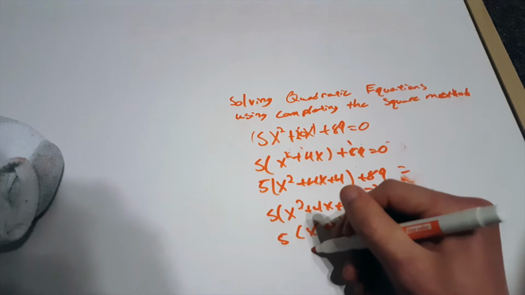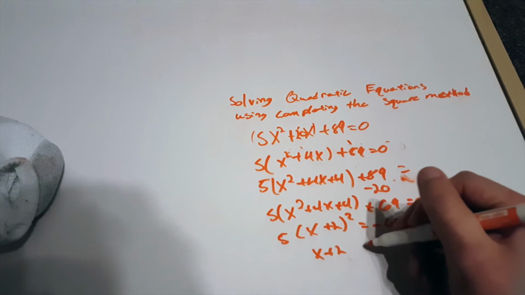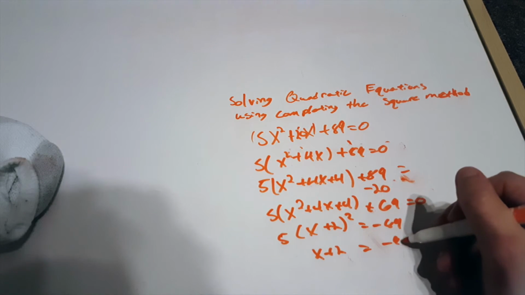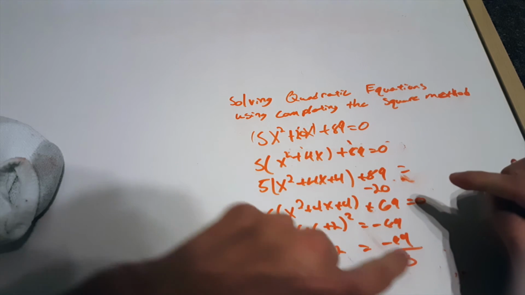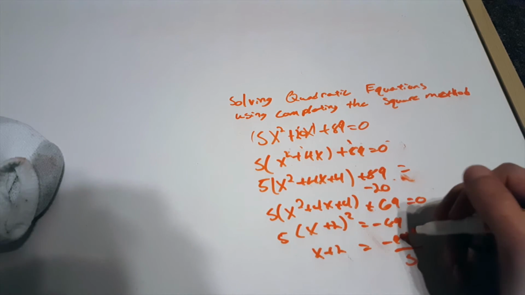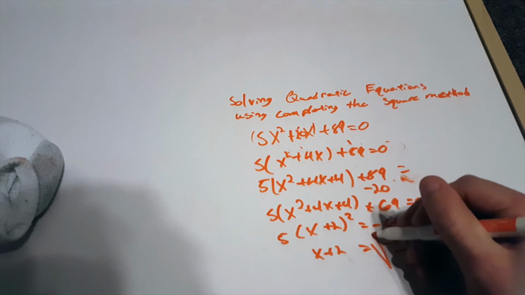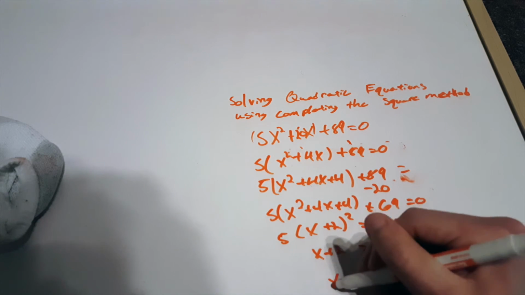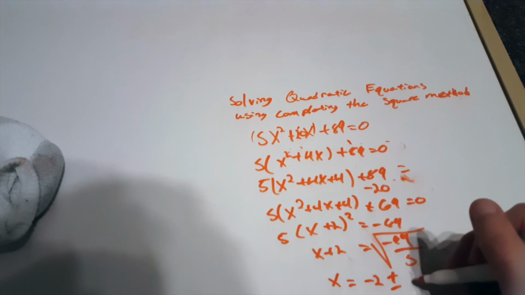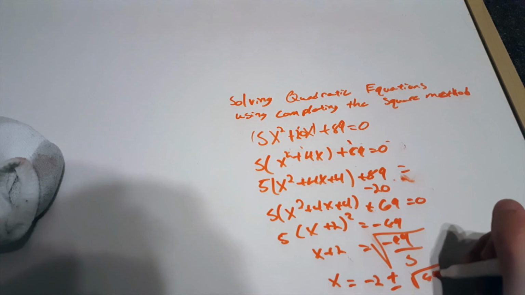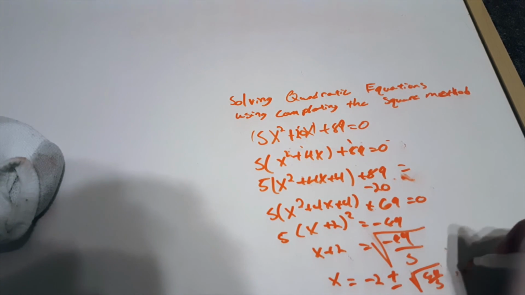Take the square root, so we're left with x plus 2 equals the square root of negative 69 divided by 5. And take the square root of the whole thing, so we get x equals negative 2 plus or minus the square root of 69 divided by 5, i.